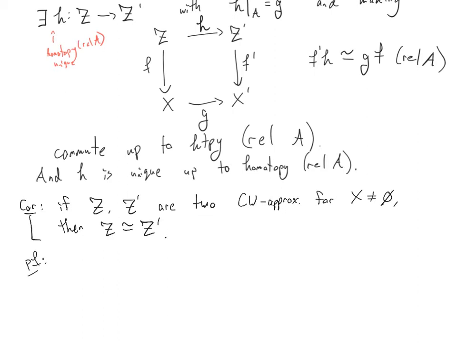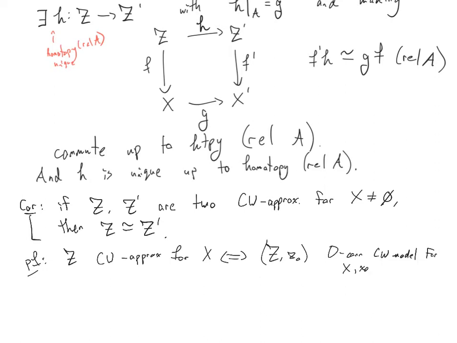So our proof is going to be: look at X. Put it this way, saying Z is a CW approximation for X, that's the same as saying Z relative its base point is a zero connected CW model for X relative its base point, which is a CW complex.